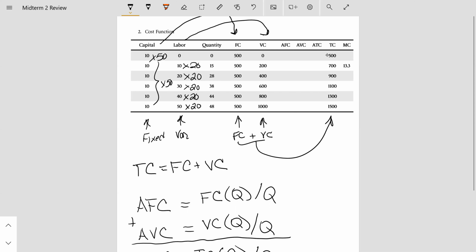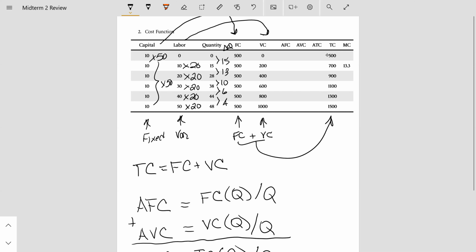This gives you this. Our change in quantity: 15, 13, 10, 6, 4. This is the change in quantity. Okay. So we'll do a couple of examples of each, and then on your own, fill in the rest of the table.